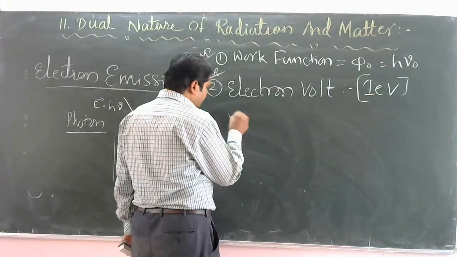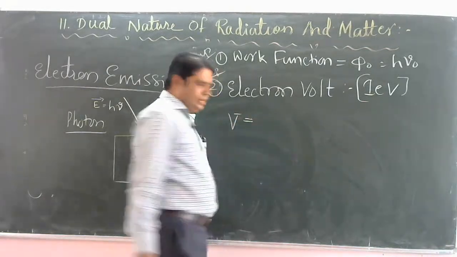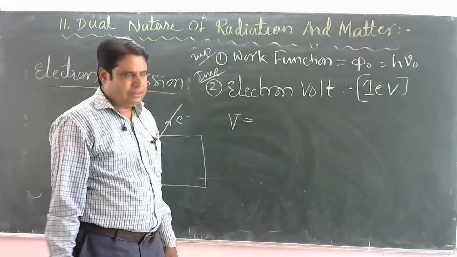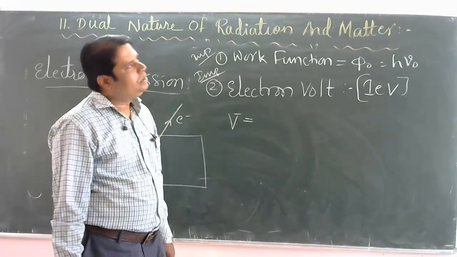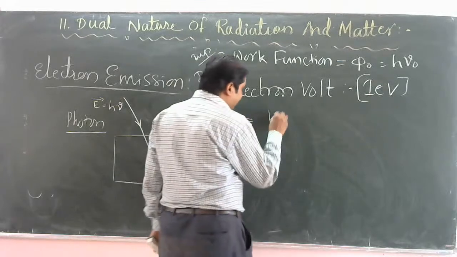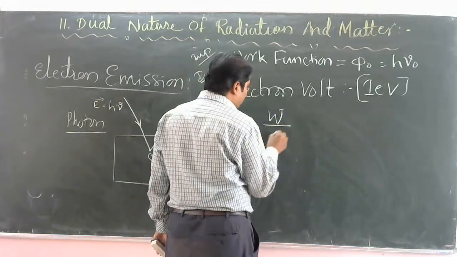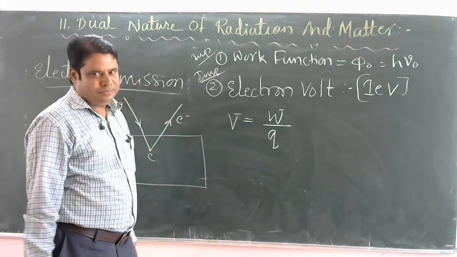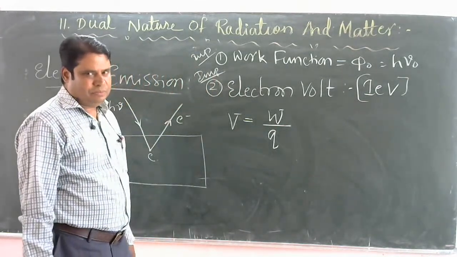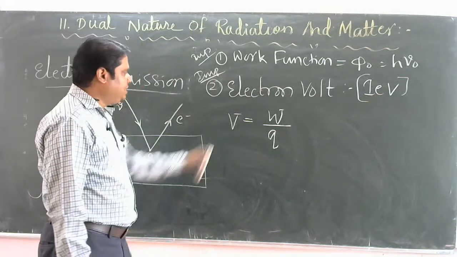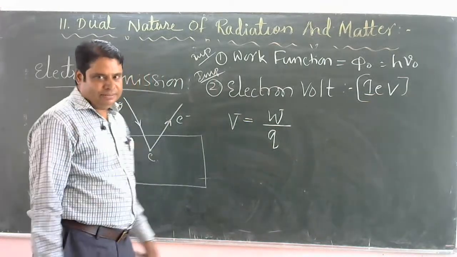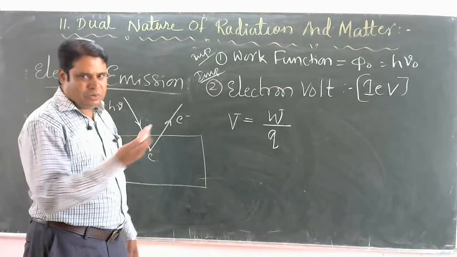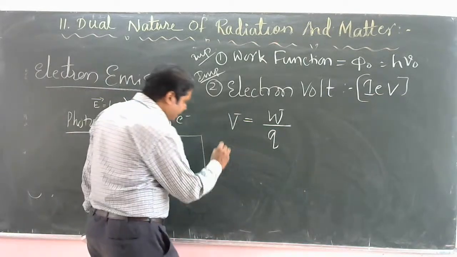We know potential difference is given in chapter number 2: work done in bringing a unit charge from one point to another point. W is equal to VQ. Potential difference V is equal to W by Q. You know this formula very well from chapter number 2. What is work function here?